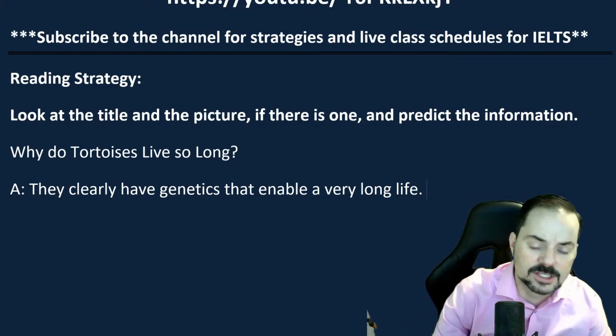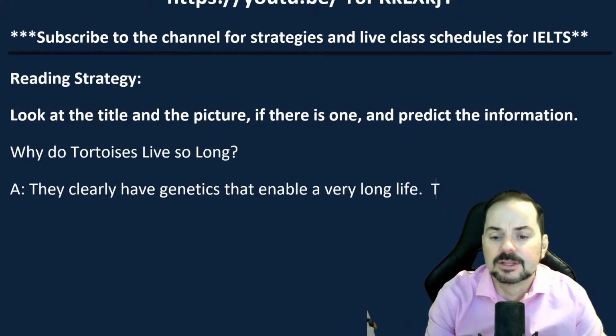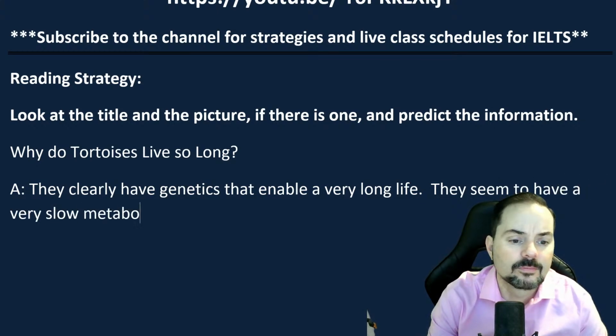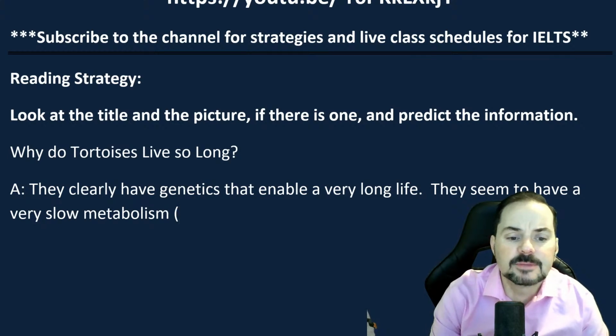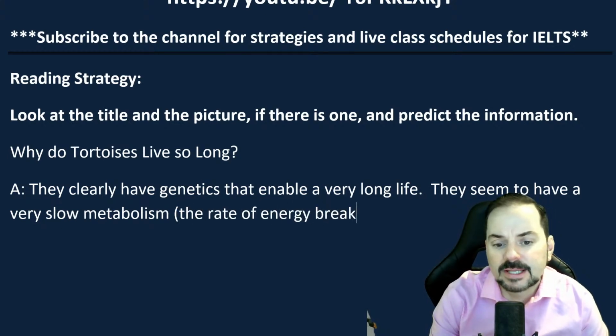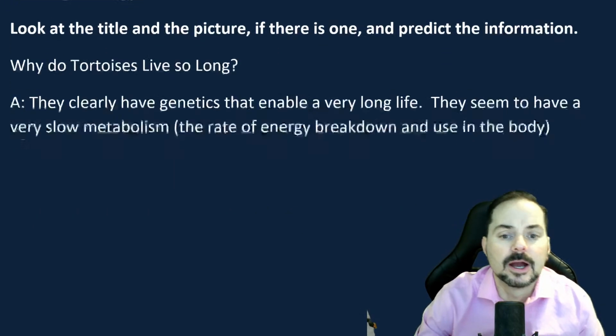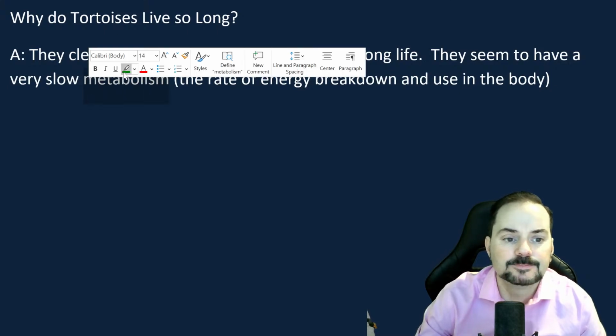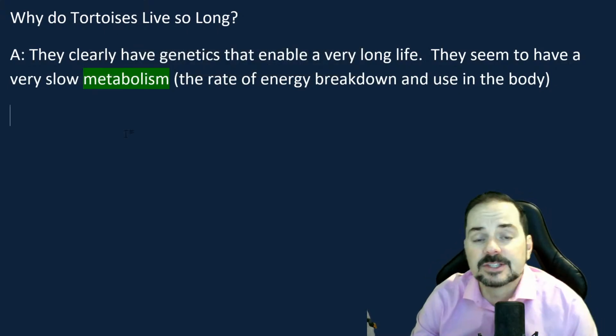Fuang, very smart. Fuang says they seem to have a very slow metabolism. Metabolism is the rate of energy breakdown and use in the body. Okay, so for those of you who aren't sure about this word metabolism, that's the definition, okay?